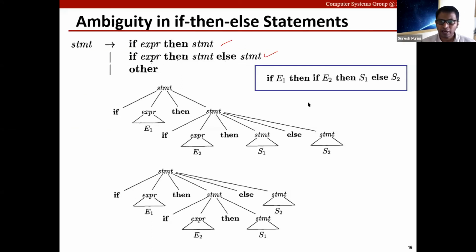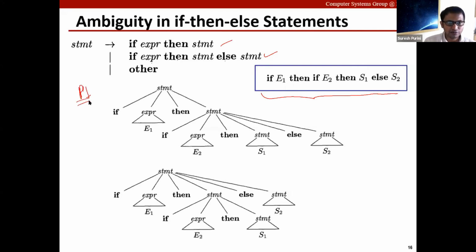So let's say you have a statement like this, if E1, then... what are the statements we have here? If you see the statement here, there are two ways of constructing parse trees for this statement. So this is the first tree, parse tree 1.